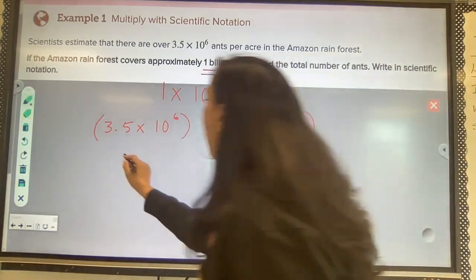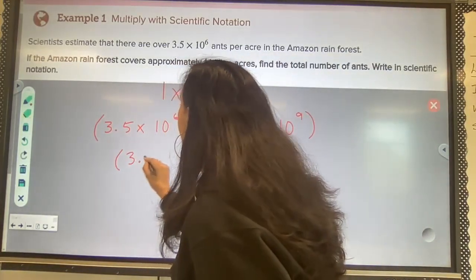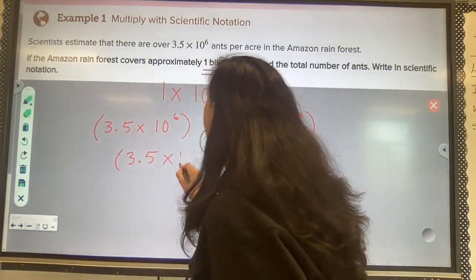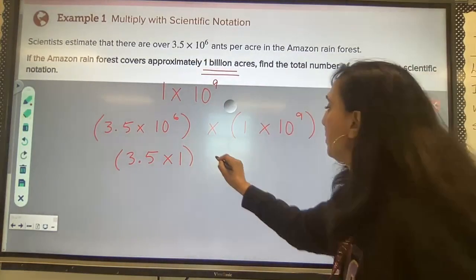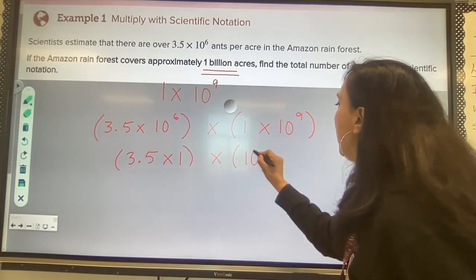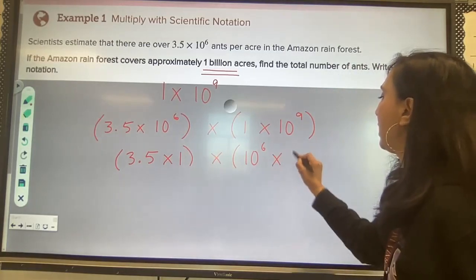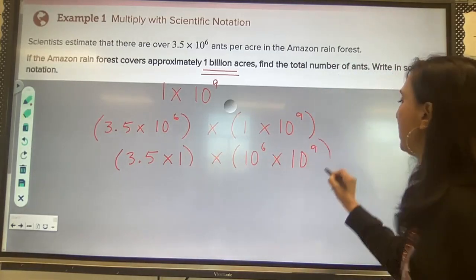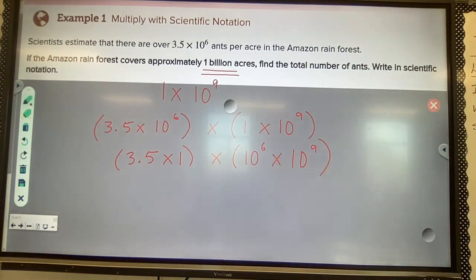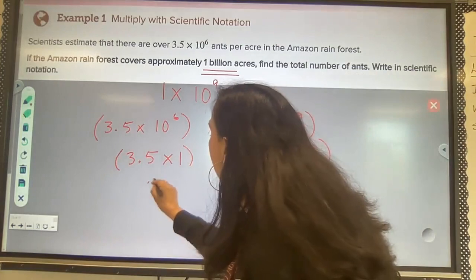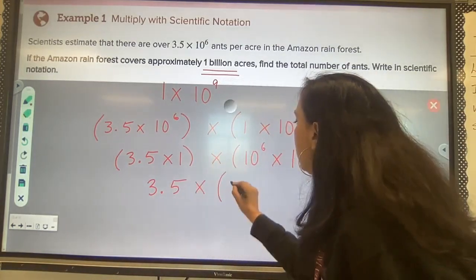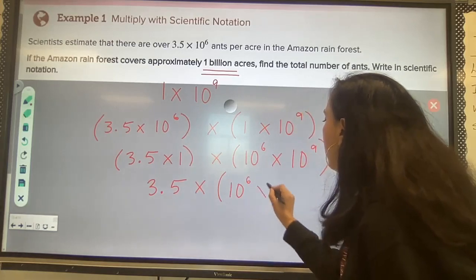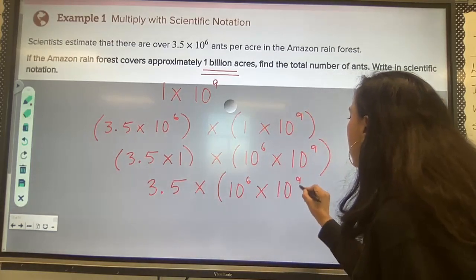So I am going to do 3.5 times 1, times the exponents together, 10 to the 6th times 10 to the ninth. Multiplying 3.5 times 1, I get 3.5 times 10 to the 6th power times 10 to the ninth power.